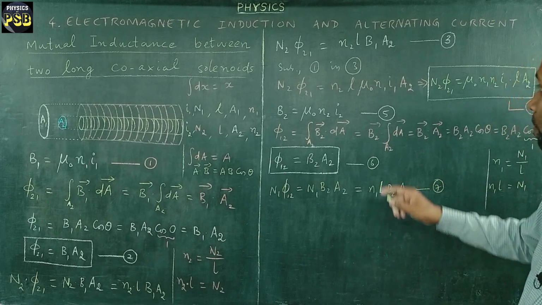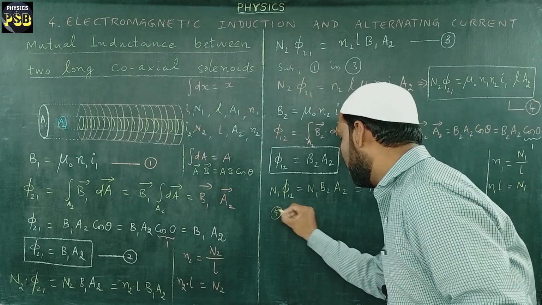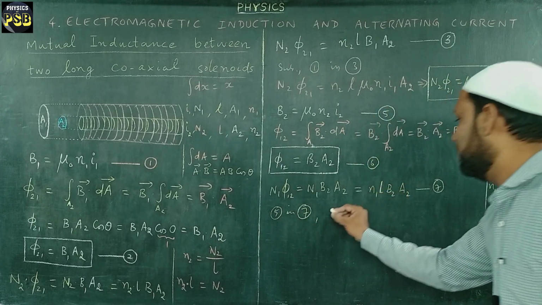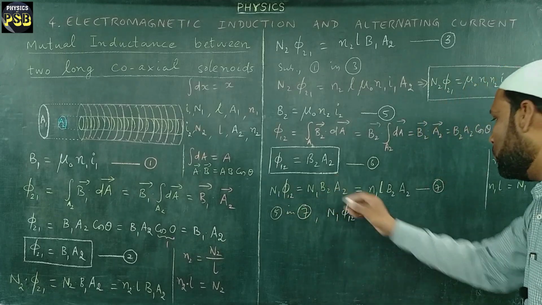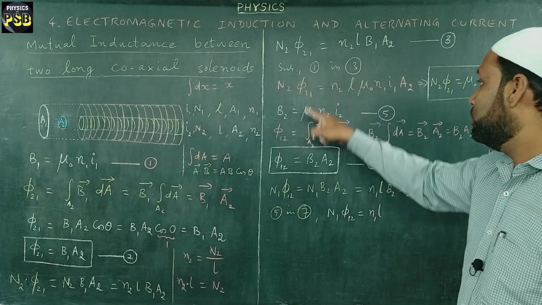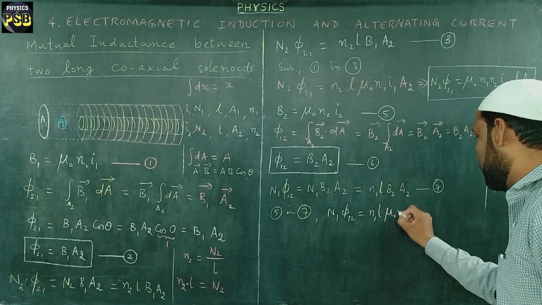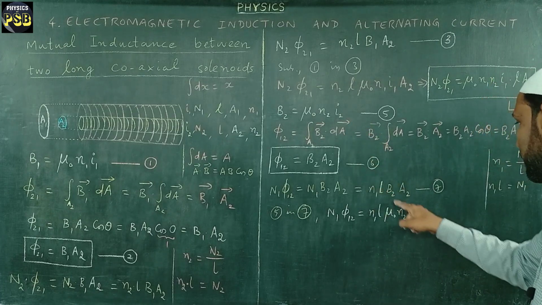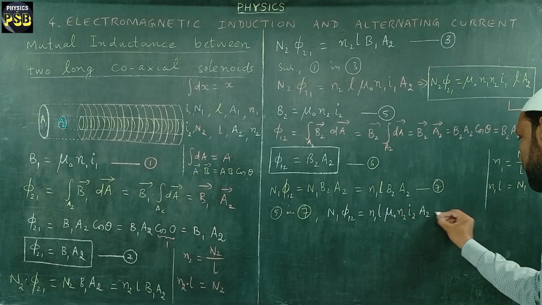Now I substitute 5 in 7. If you do so, this is what I get: N1 phi 1 2 is equal to n1 l. The value of B2 is mu naught n2 I2. Okay, so I rearrange this.